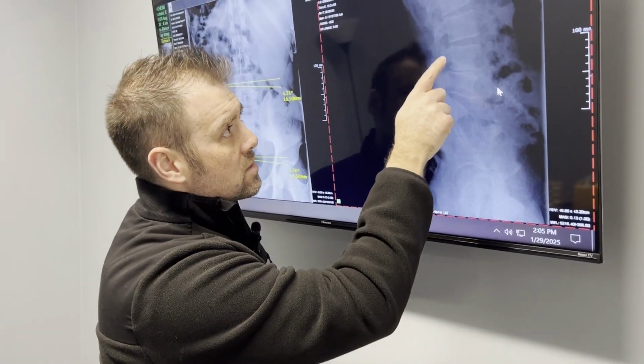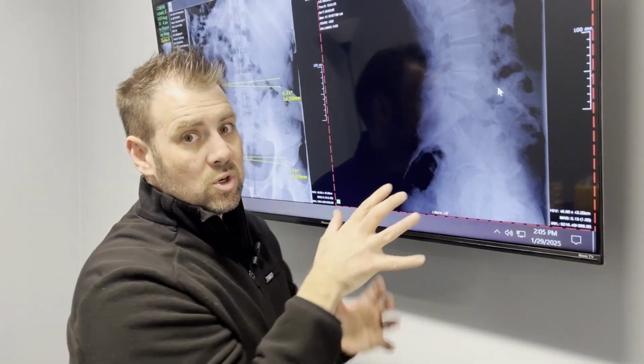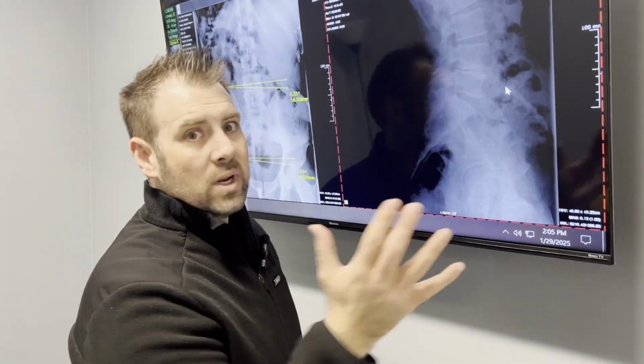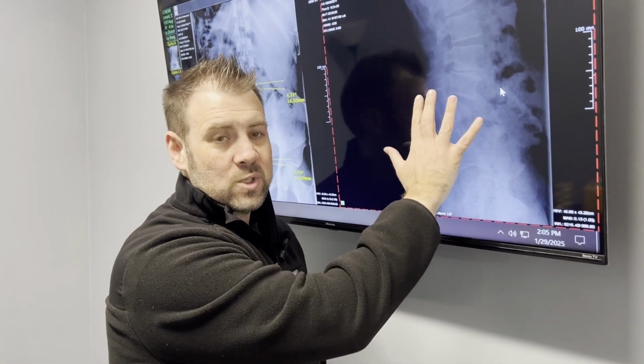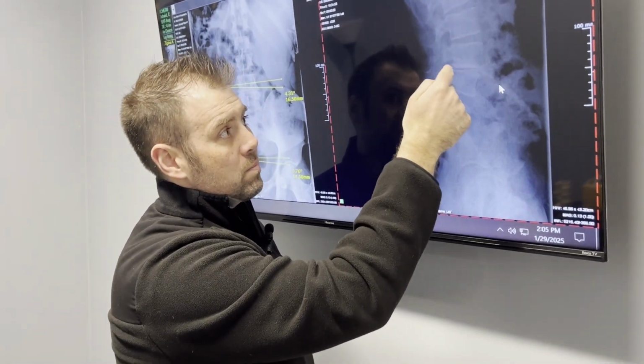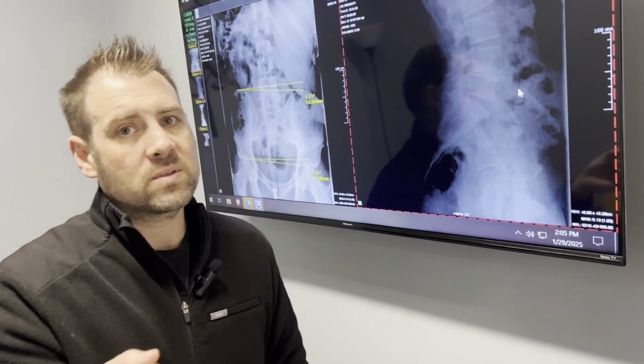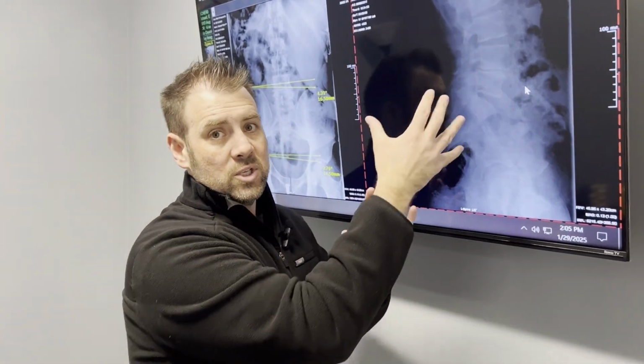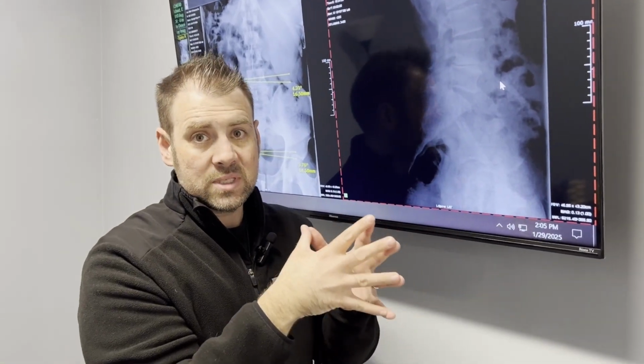Well, these dark holes right here, those are where those nerves come out and make that sciatic nerve that everyone always talks about. So you can imagine this patient specifically with that spondylolisthesis, that bone has shifted backwards, making that hole smaller. We're going to have some irritation on that nerve that was contributing to his sciatic pain specifically.